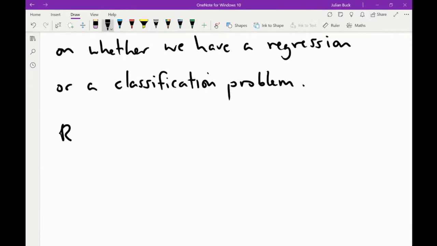So for regression, it's exactly what I described earlier. You simply take the average. We'll say that in a little more formal language.